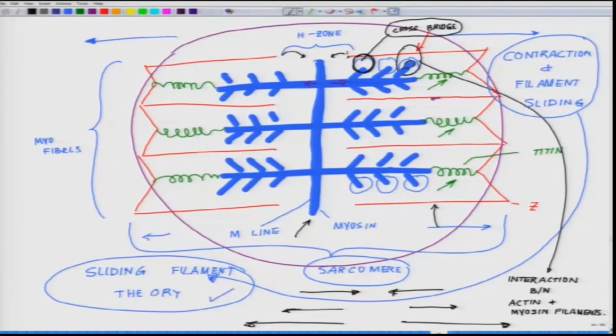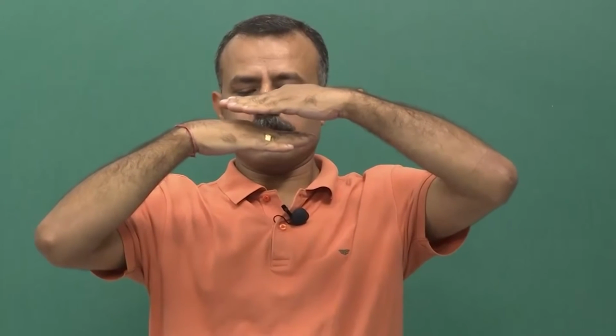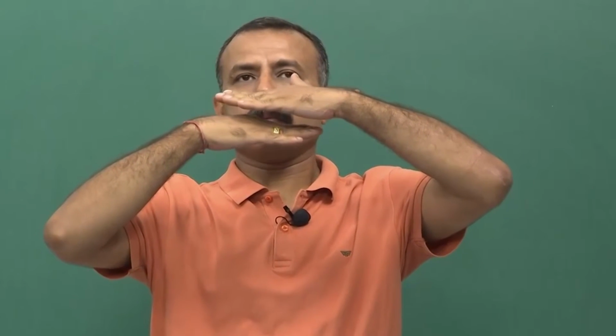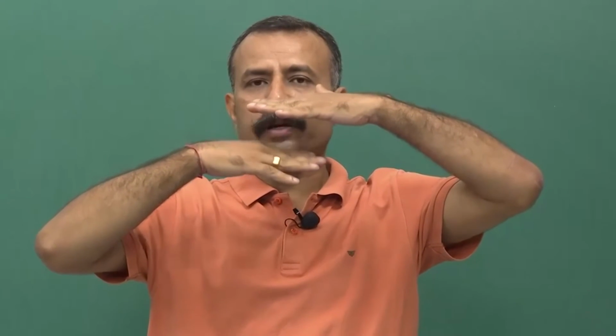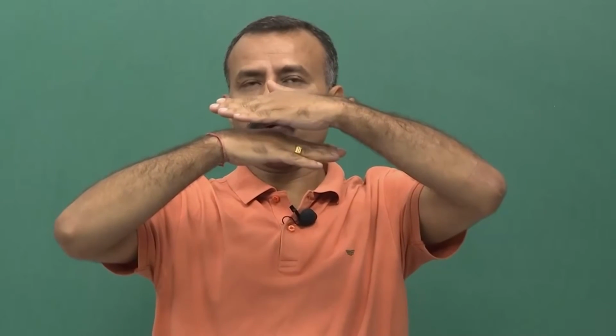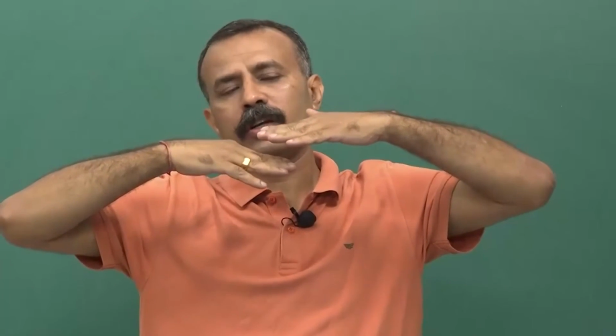Whereas, if they go further away, then this red line will shift further outward. So, if they are close to each other, this is where there is shortening and a maximum amount of interaction. If they relax like this, there will be a minimum amount of interaction, and there will be a zone of optimal interaction. So, there are 3 possibilities.